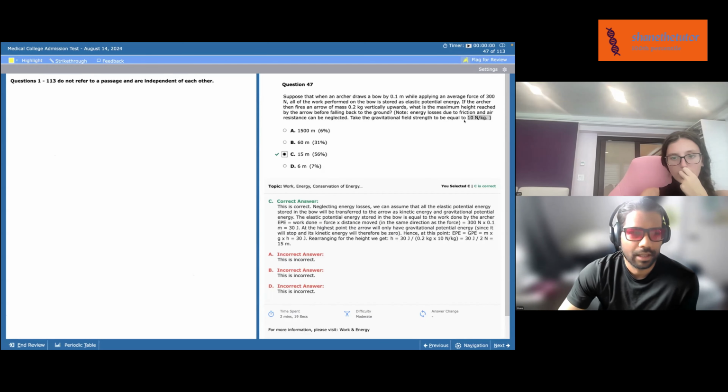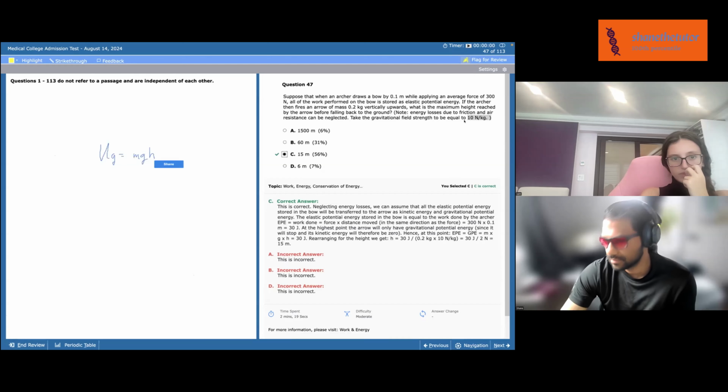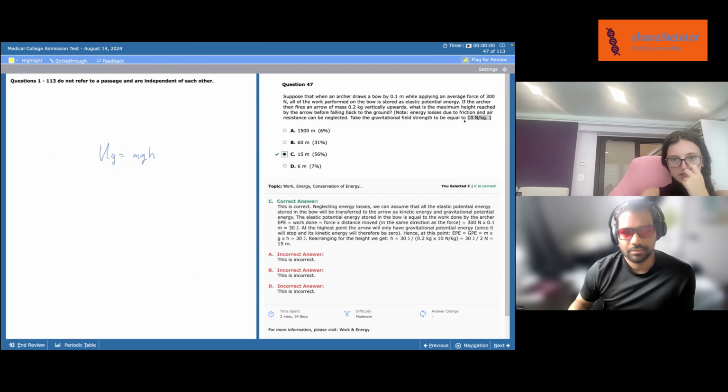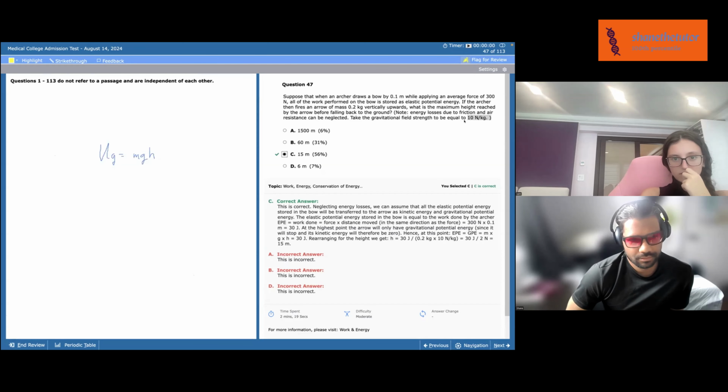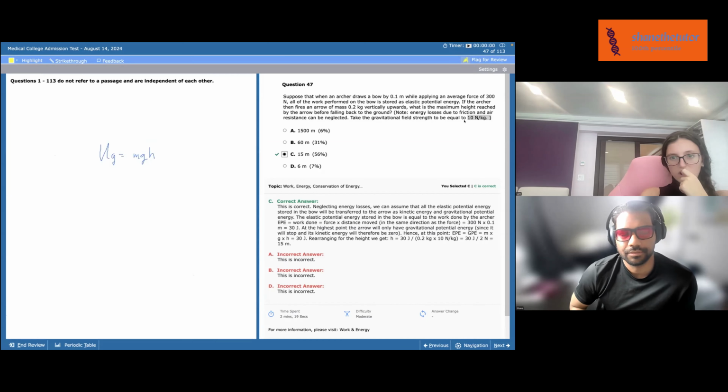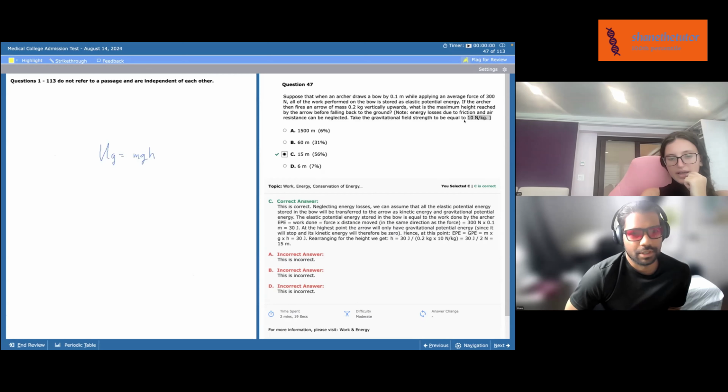It's mgh. So that's mass times gravity, 10 times 0.2 gives us 2. And then our height, we don't have the height. That's what we have to solve for.